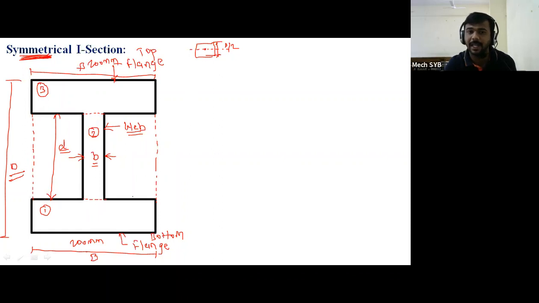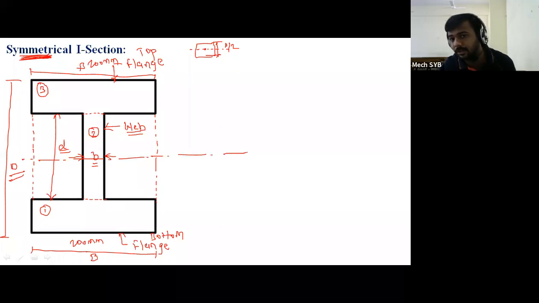That means the dimensions of the top flange and the bottom flange are both the same. Therefore, this section is symmetrical about the x-axis. So then what will be their y-bar distance? What will be the y-bar distance? If I have to calculate this distance and this distance.